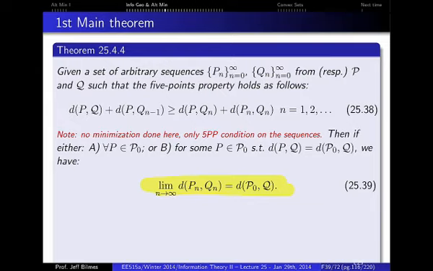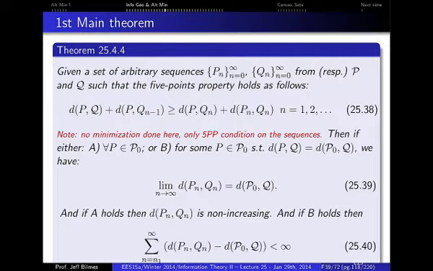So the 5 points property is key. And if A holds, then this sequence is non-increasing. It's going down, so it's actually getting smaller, which is good. And if B holds, then it's also getting smaller in this fashion, in the sense that it doesn't always have to strictly get smaller, but it can maybe go up and down a little bit.